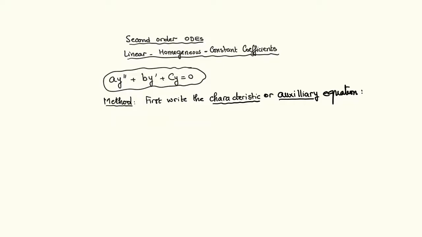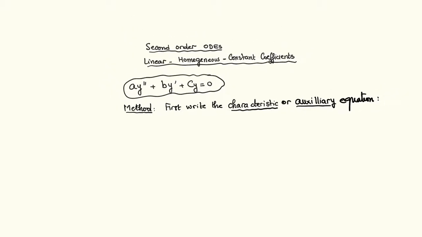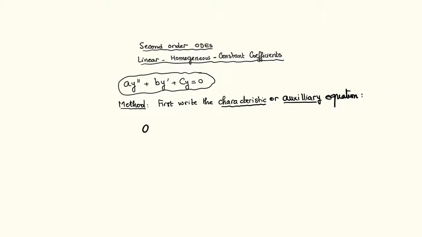Which is the quadratic equation aR squared plus bR plus c equal to 0. So write the characteristic auxiliary equation and then solve this quadratic equation.